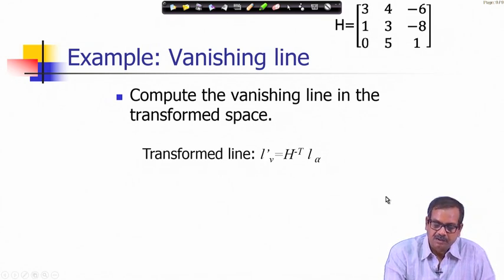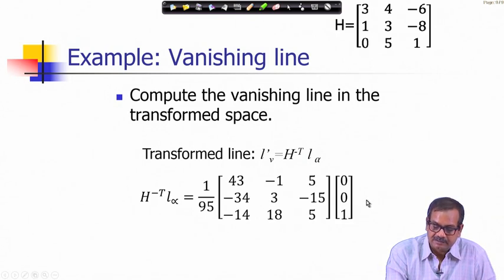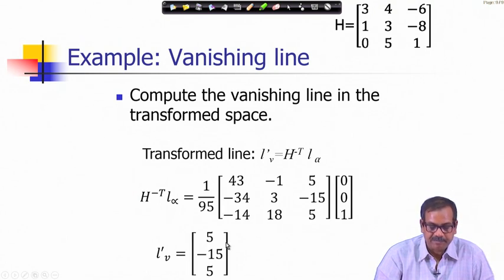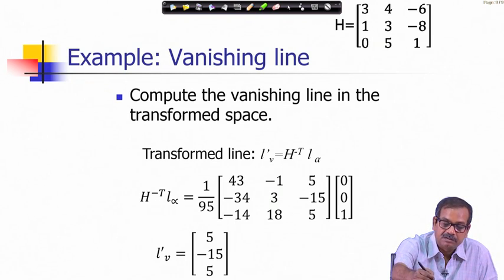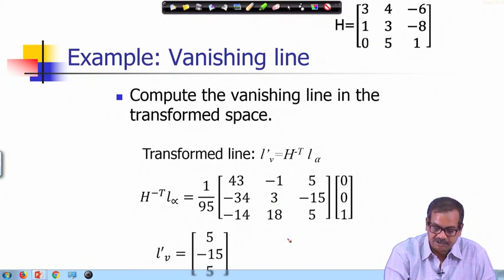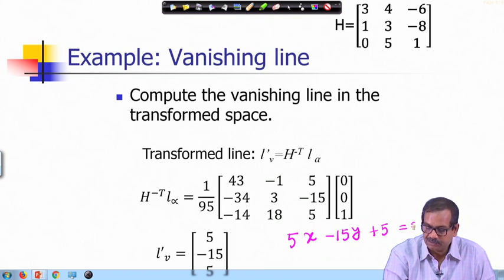If I multiply the transpose of this inverse with (0, 0, 1), you will get the vanishing line as (5, -15, 5), and in the conventional coordinate representation, this is equivalent to the straight line 5x - 15y + 5 = 0.